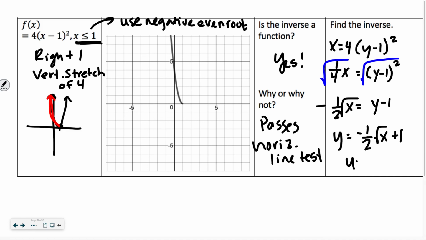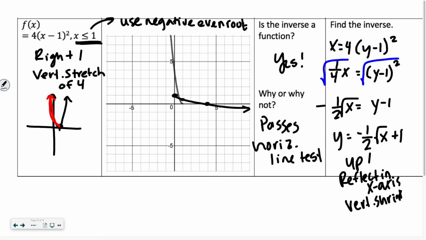So this graph goes up 1. It's reflected in the x-axis. And it has a vertical shrink. So I'm going to go up 1. Instead of going up 1, right 1, I'm going to go down, and because of the vertical shrink, I'm only going to go down 1/2 and over 1, and then I could go down 1 and over 4.